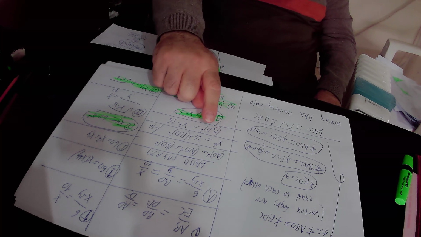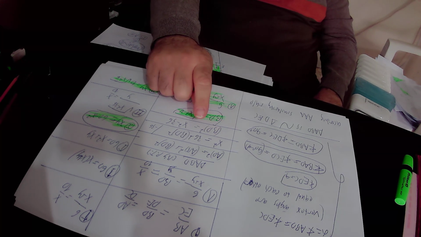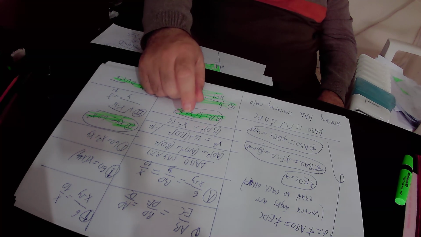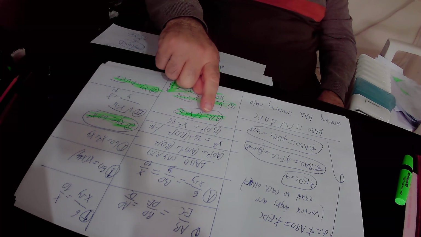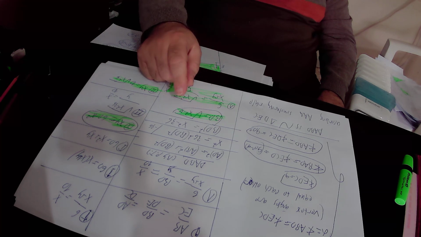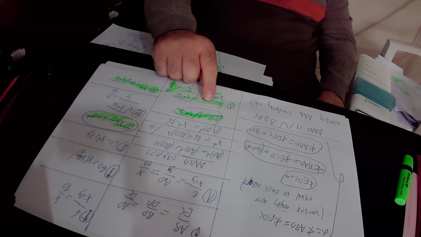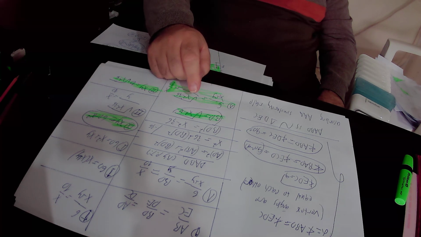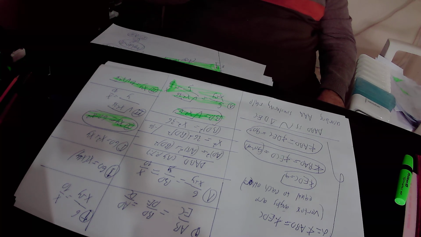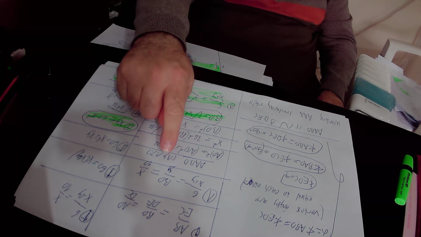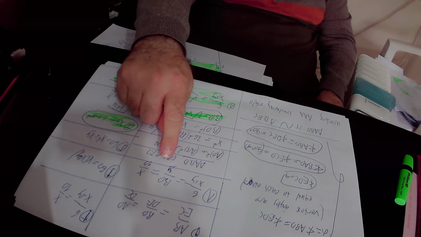AD equals x, so AD squared is x squared, and it is equal to AB squared, where AB is 6, so AB squared is 36, plus BD squared. We subtracted 36 and got BD squared equals x squared minus 36. Taking the square root, BD equals the square root of x squared minus 36. So now we can substitute BD by the square root of x squared minus 36.